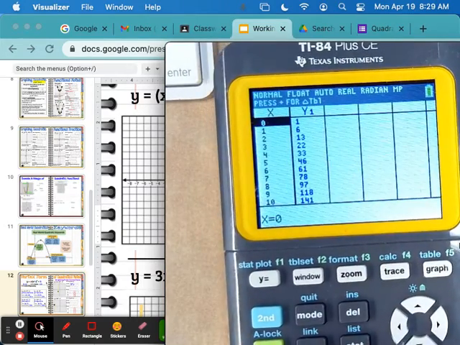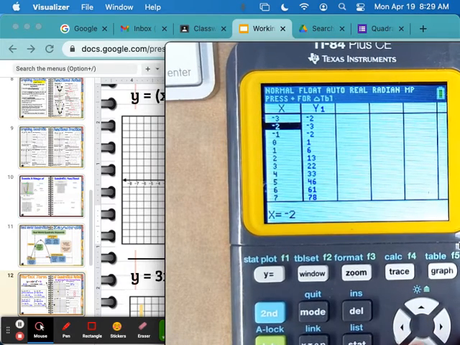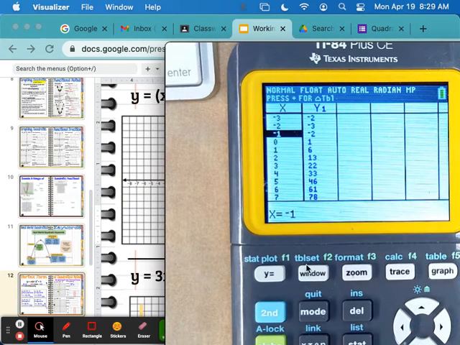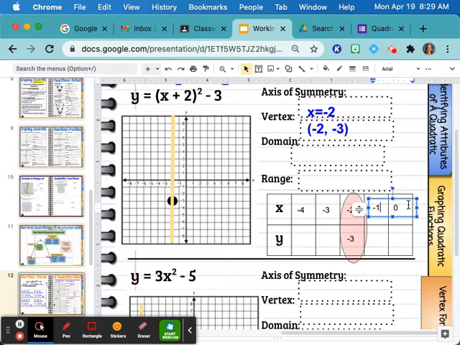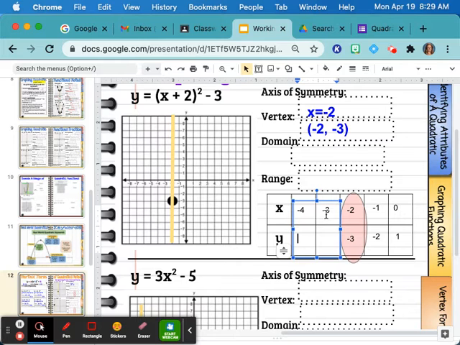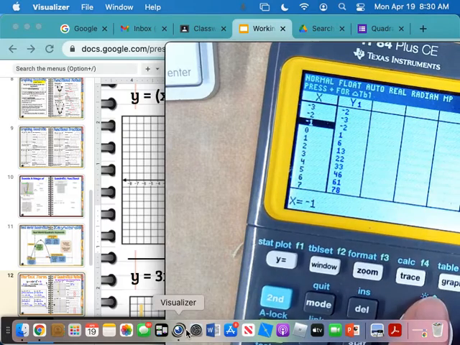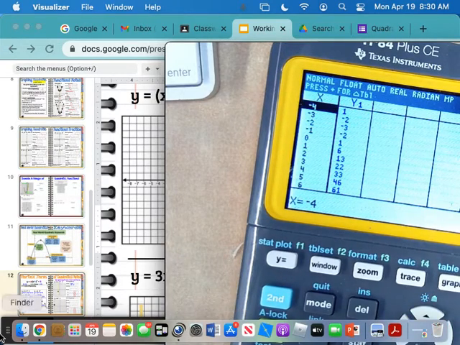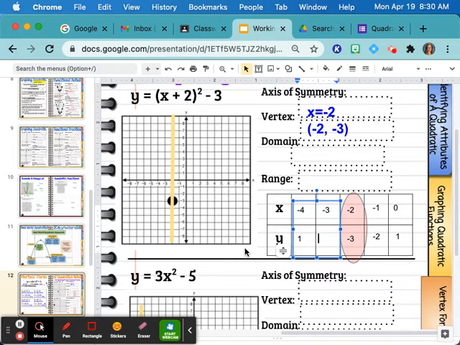So we'll look at the table and we'll fill in the numbers. So we know that the vertex is (-2, -3). So then -1 is with -2 and 0 is with 1. And then -4, what does that match with? +1. And then -3, -2.